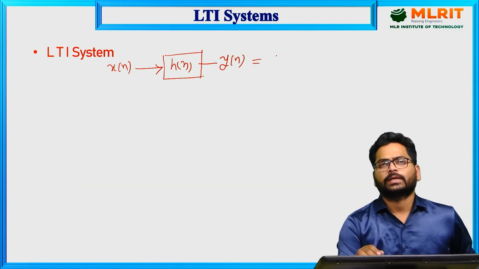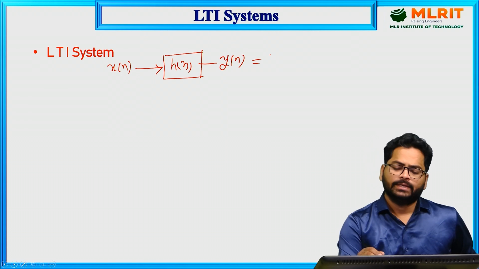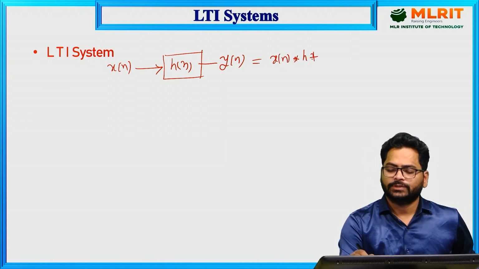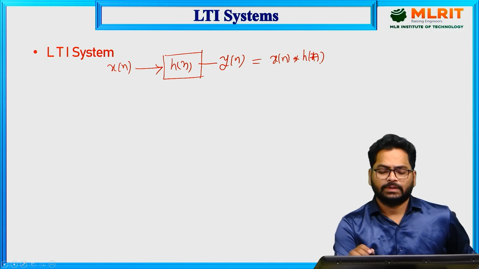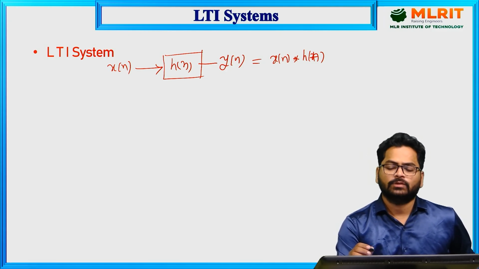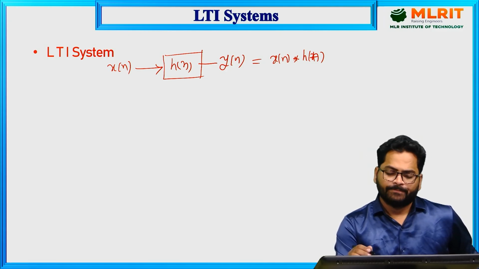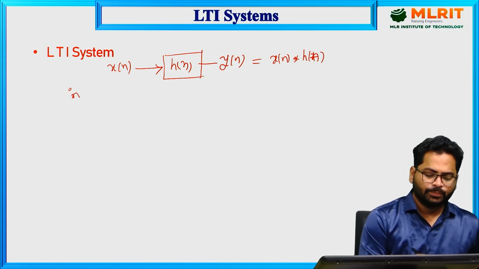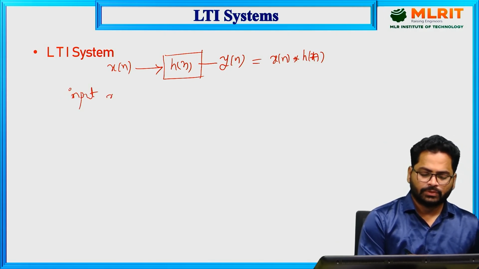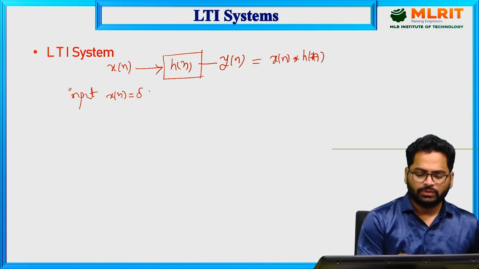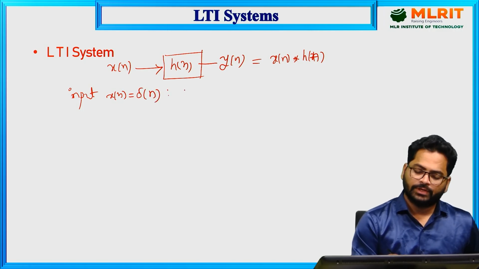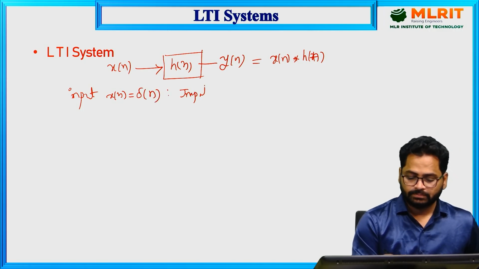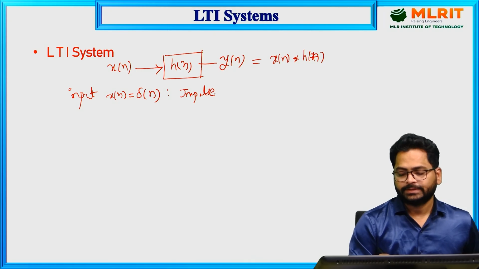What is the response of the system? If I convolve x of n with h of n, then you will get the signal y of n. If my input x of n is equal to delta of n, then we call it the impulse response.